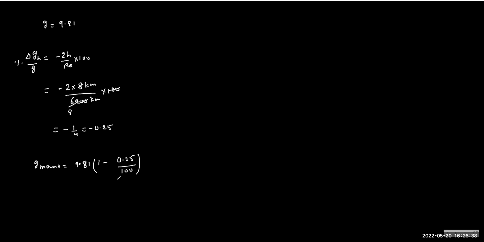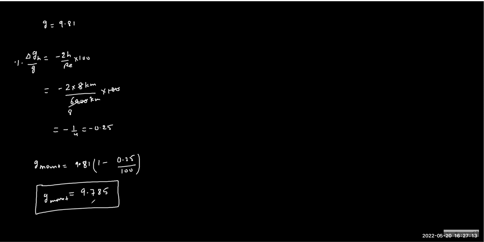So we made a calculation mistake. Actually, it is this much, 0.25, and this turns out to be 9.78. So you can see it's very close to 9.8 still, right? If you go to Mount Everest, the g will change to this value. So it's like a 0.025 difference.